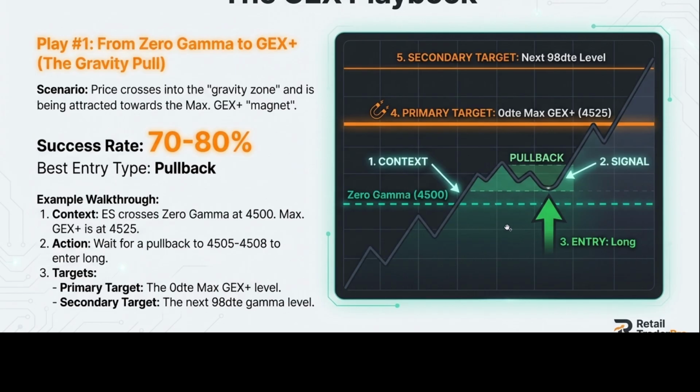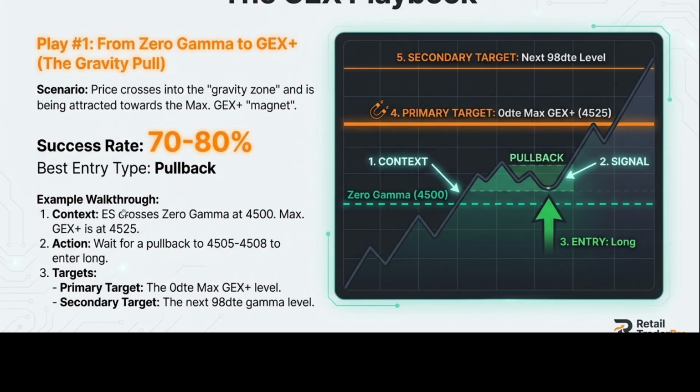When you see a big positive gamma bar here, and few or smaller negative GEX bars here in the negative zone.